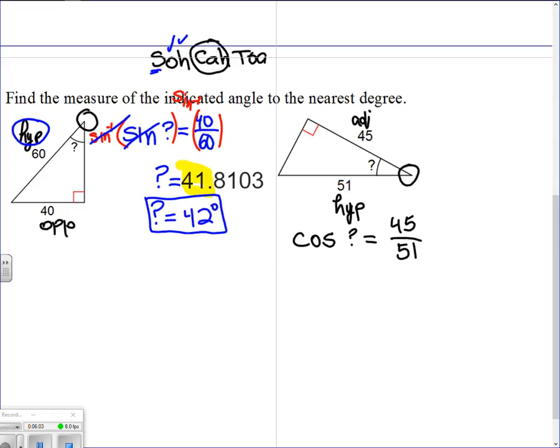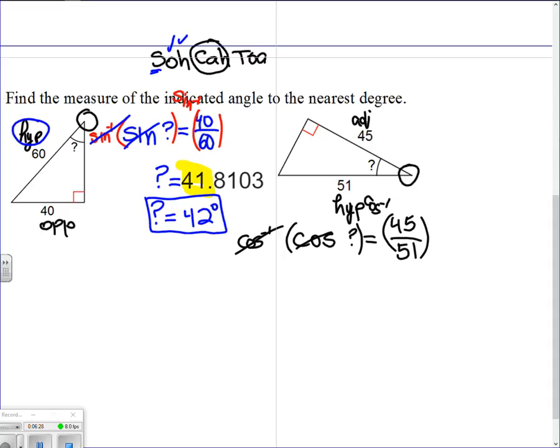The way you do it is you do the opposite, the inverse of cosine, cosine to the negative 1. These are opposites, so they cancel. What you do to one side, you must do to the other side. So I'm going to do the inverse cosine of that.